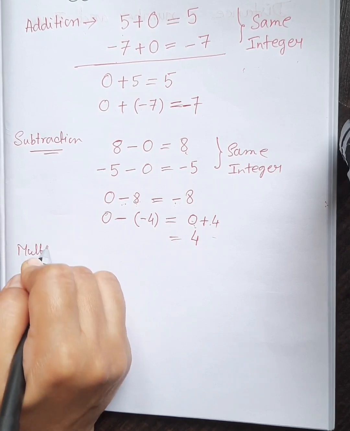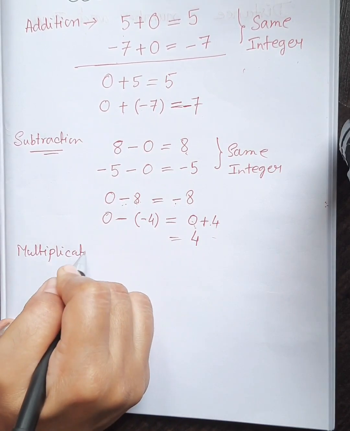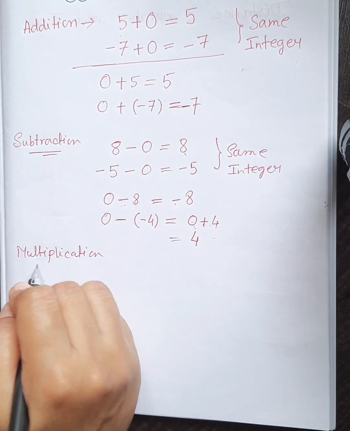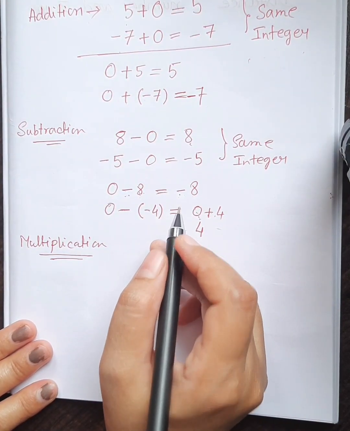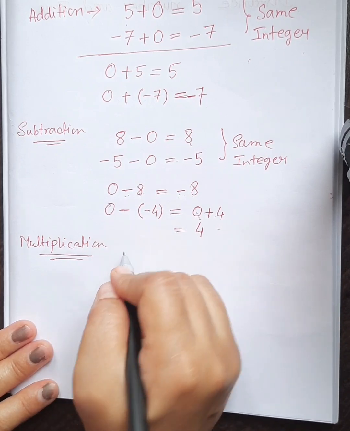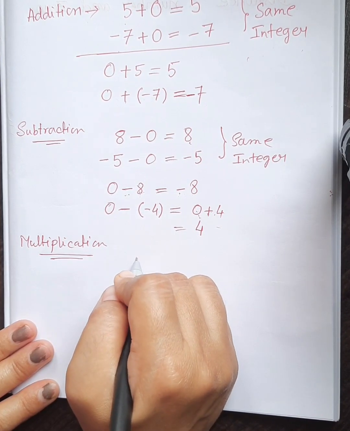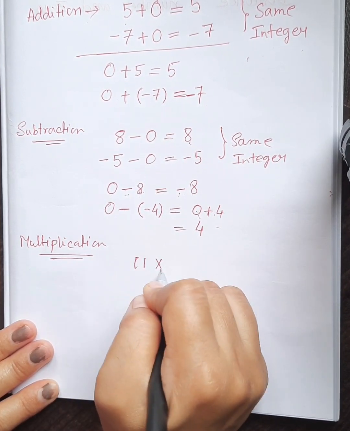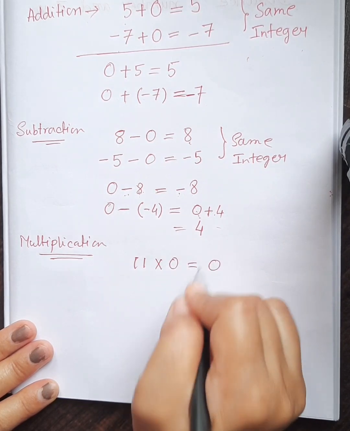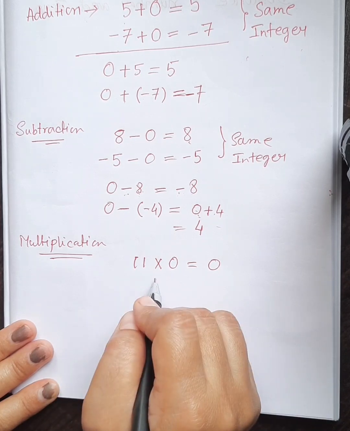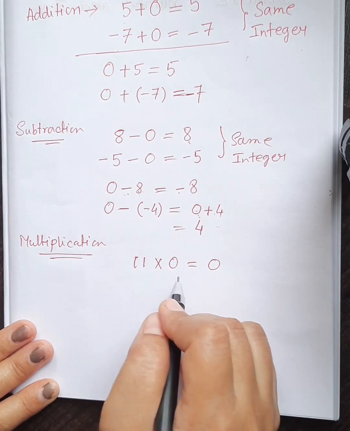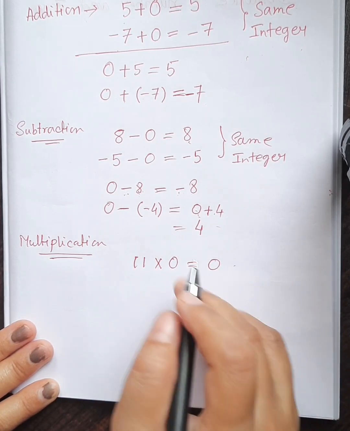Multiplication. When 0 is multiplied with any integer, then we get, suppose 11 into 0, we get 0. When any integer is multiplied with 0, then we always get 0.